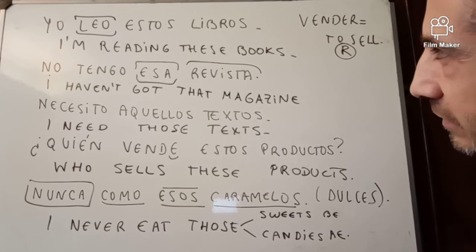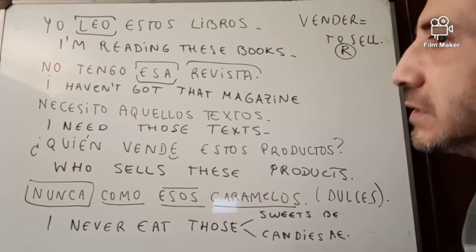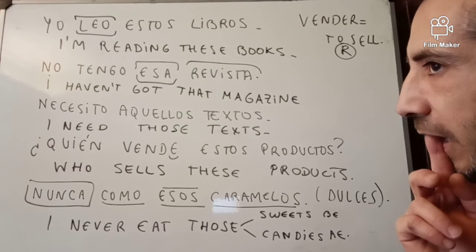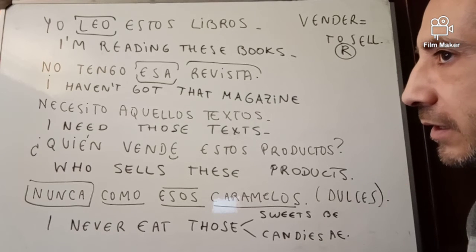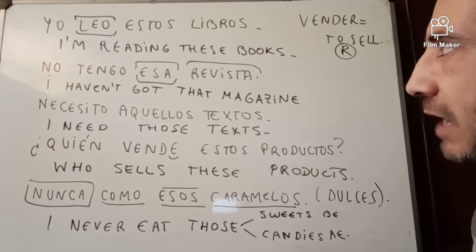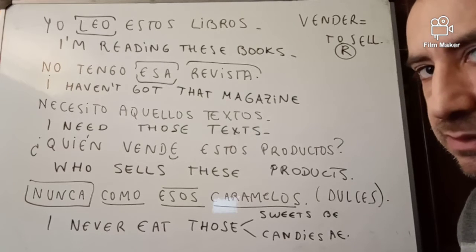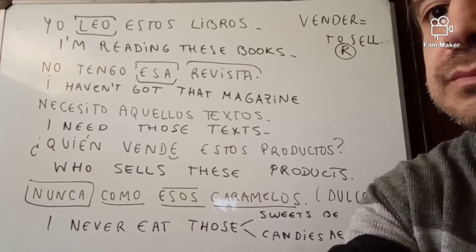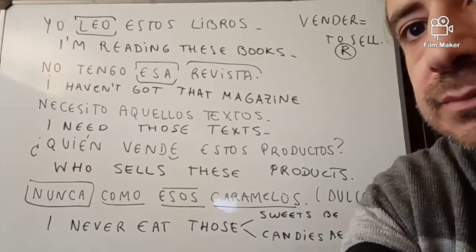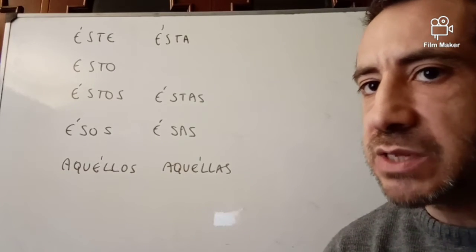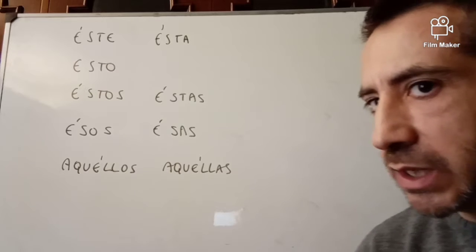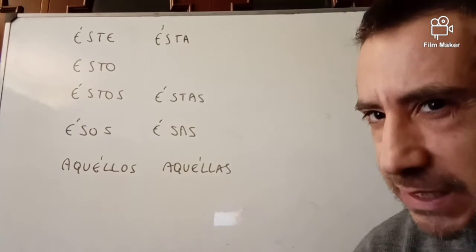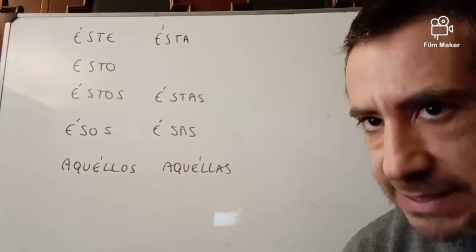Now let's see these demonstrative pronouns, but we'll see how they work as nouns. These are our demonstrative pronouns when they work as nouns. I have to tell you something about stress.